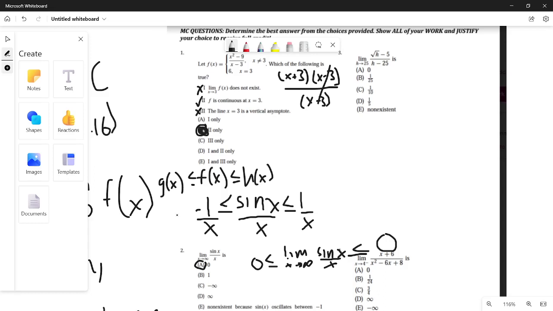I divided everything by x to make it look like this, and I took the limit of that expression as x approaches infinity. For 1 over infinity, it doesn't matter the sign, it's going to be 0 for both.